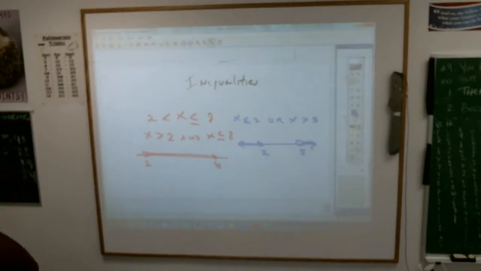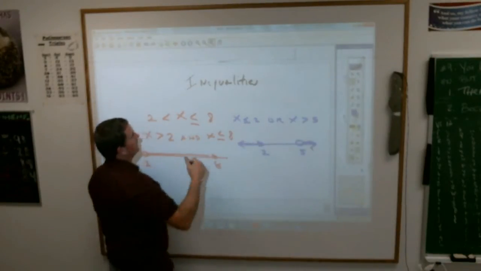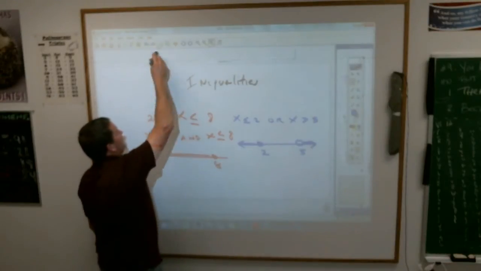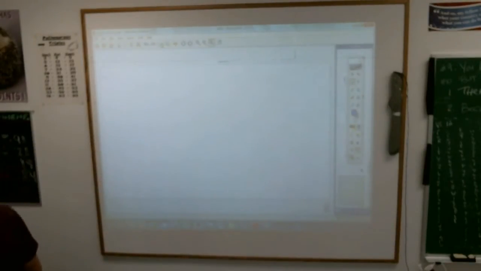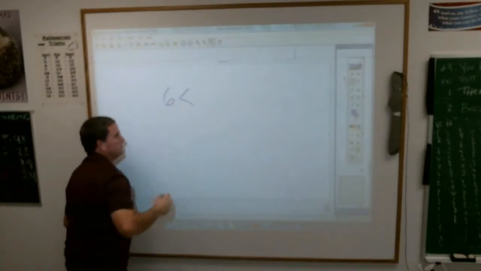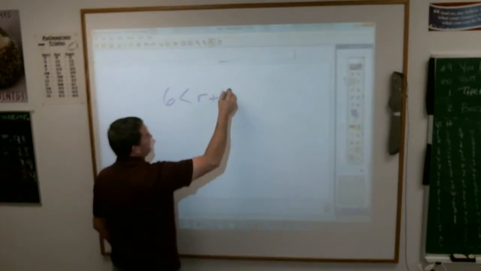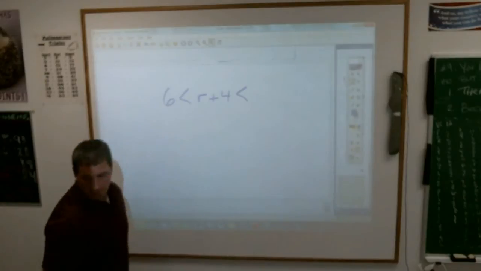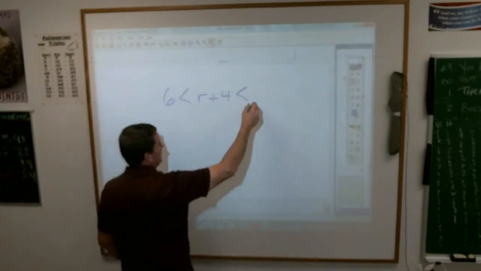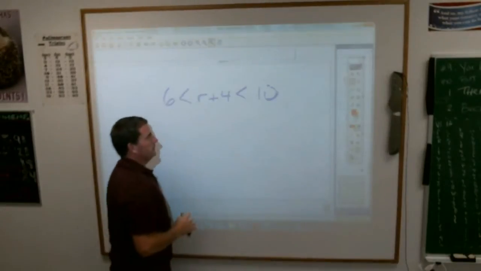Now, because that's way too easy, what we have here are compound inequalities that need to be solved to look like these. In other words, if you look at problem number 1 on your homework, you have 6 is less than r plus 4, which is less than or equal to 10.